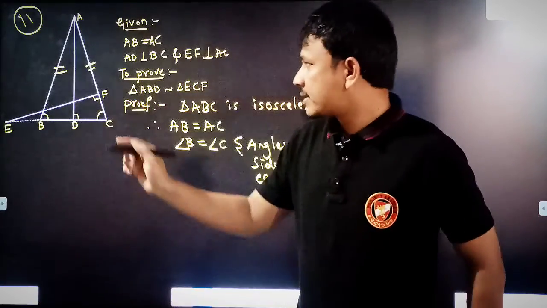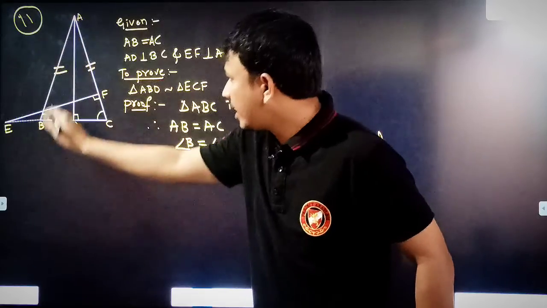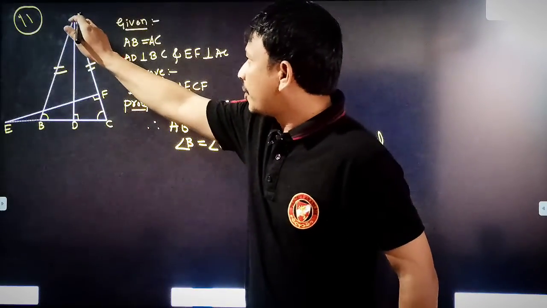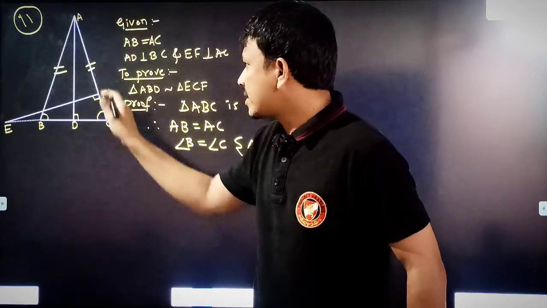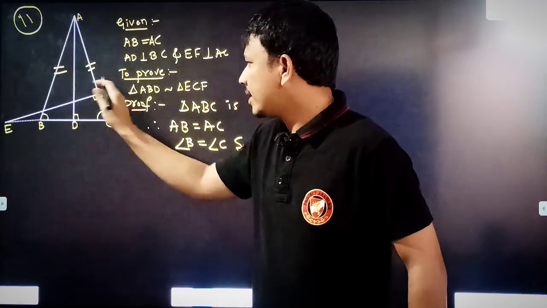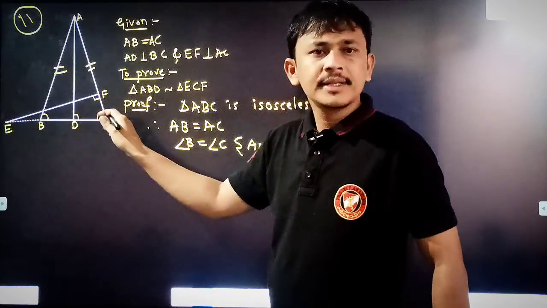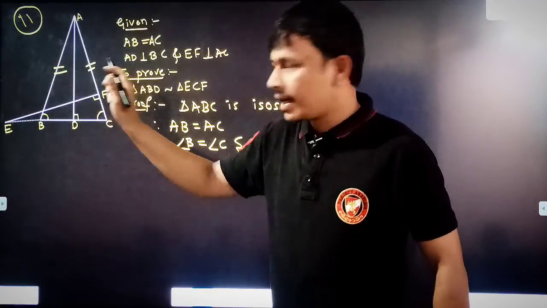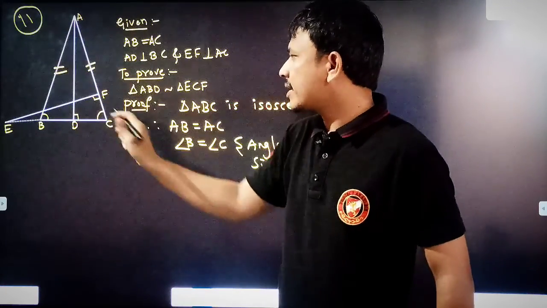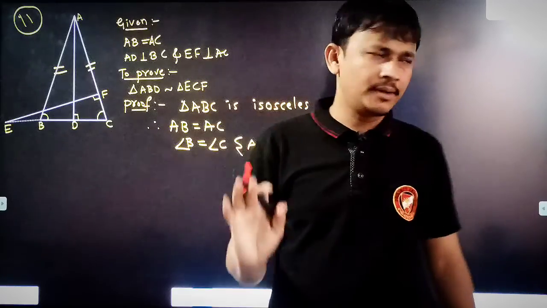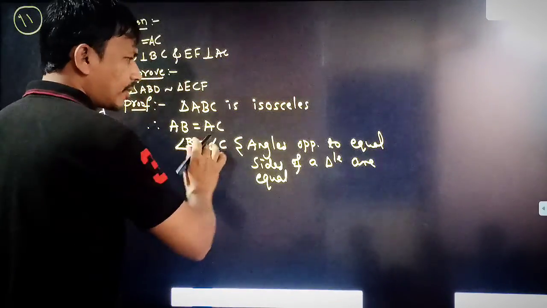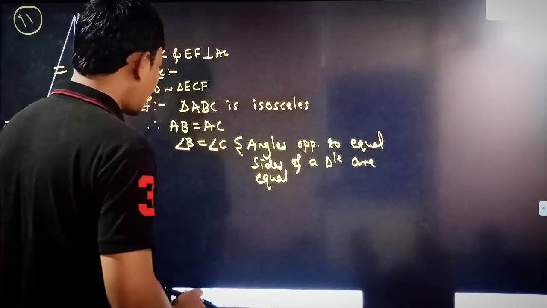Opposite to AB is C, opposite to AC is B. So angle B is equal to angle C. Understood? Angles opposite to equal sides are always equal. Therefore angle B is equal to angle C.